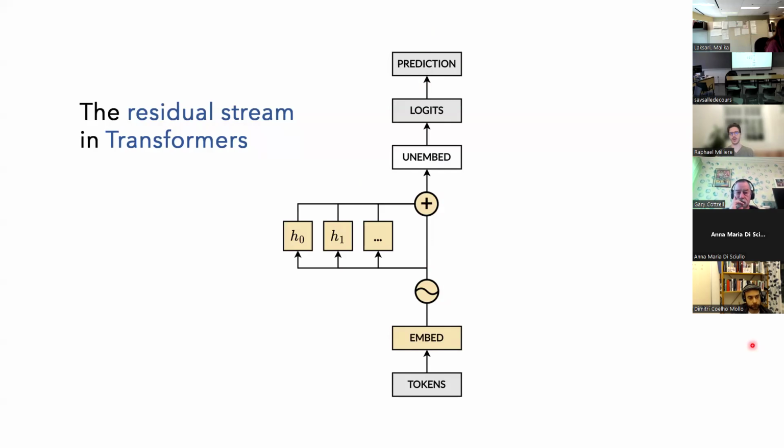So the idea is that you have these vectors that encode the tokens in input. They get transformed in some ways by these attention heads, and we can look at that as the attention heads reading information from the residual stream, or this central channel, and writing back information onto it.